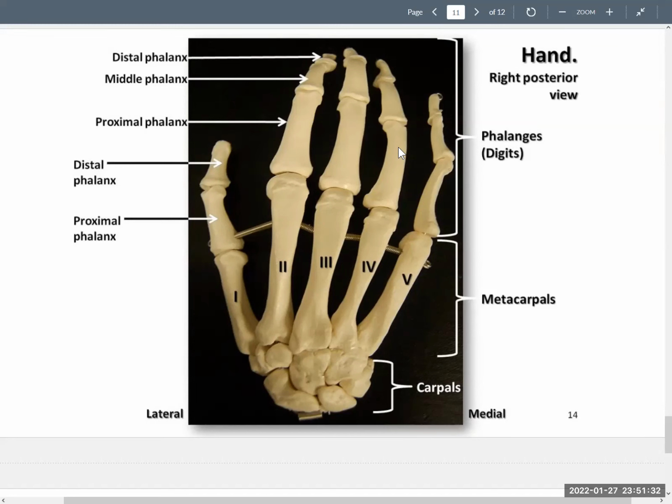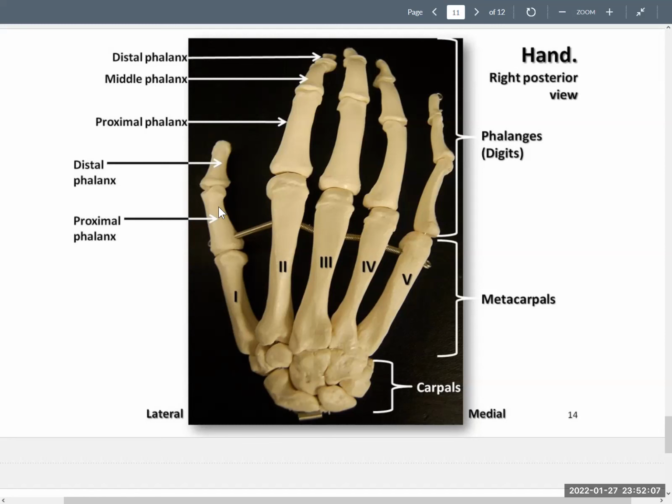This bone is the proximal phalanx of digit 4. Your thumb is always digit 1. Your big toe, when we get to it next time, is digit 1. For the thumb, we only have 2 bones, the proximal phalanx and the distal phalanx. There is no middle phalanx for the thumb.